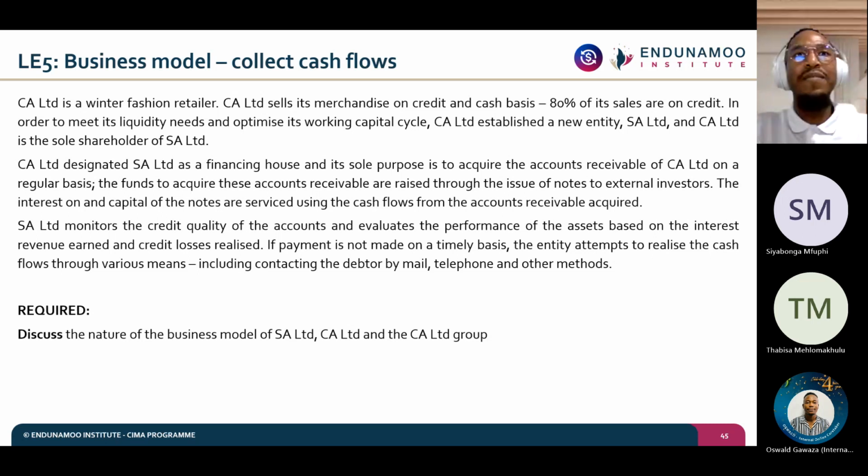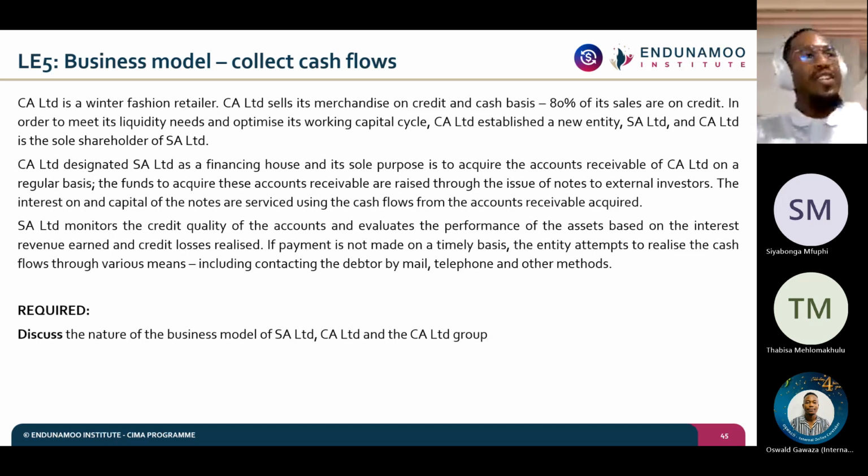What this means is that the subsidiary, being SA Limited, will now buy the debtors book of CA Limited. So the subsidiary buys the debtors book from the parent entity. The interest on and the capital of the notes are serviced using the cash flows from the accounts receivable acquired.